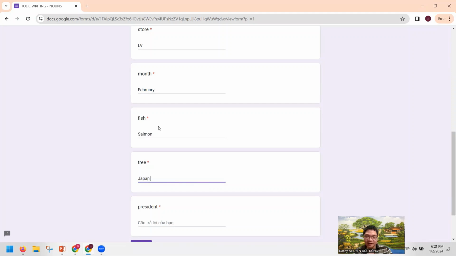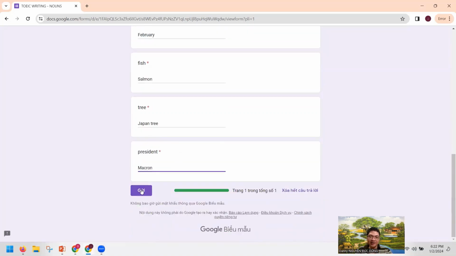I don't know what it is, but we get the name. President of Japan. Actually, I don't remember those, but Hiroshi, and Macron, President of France.